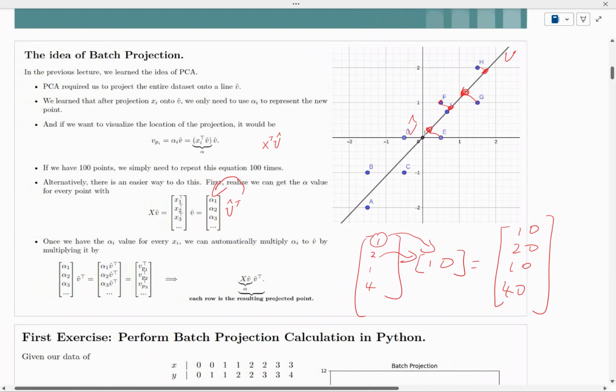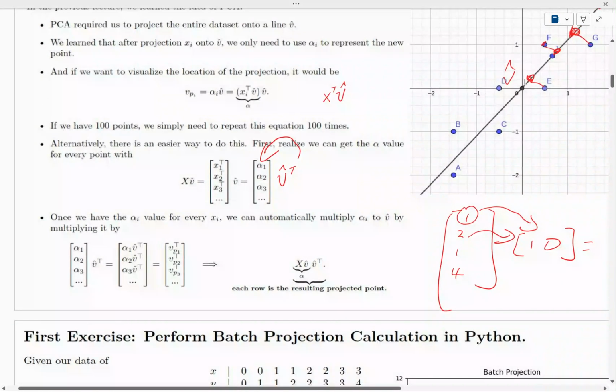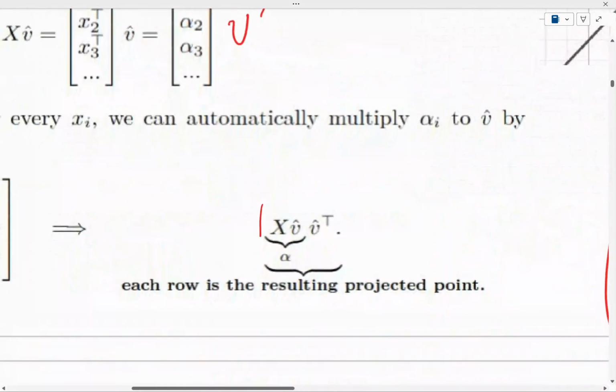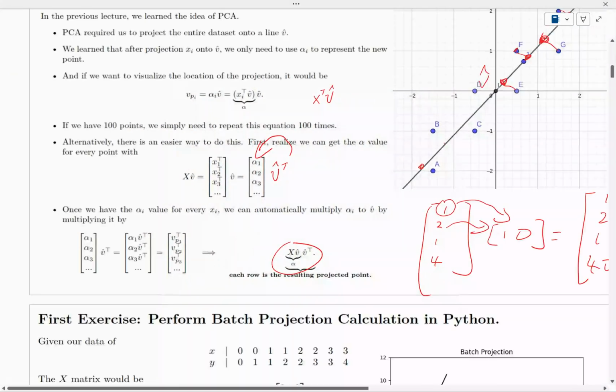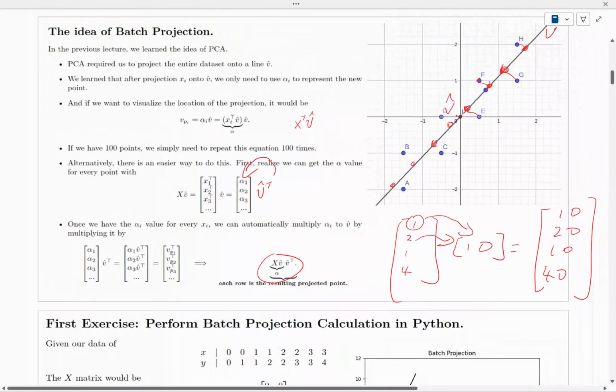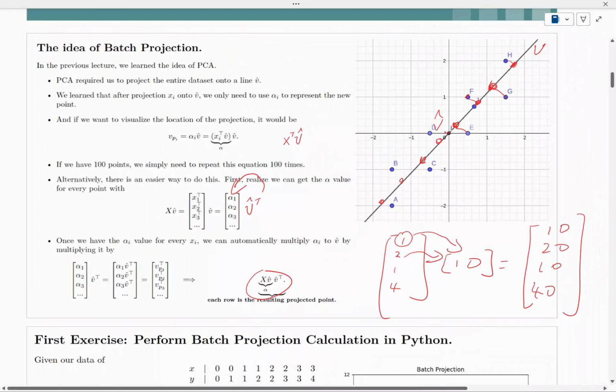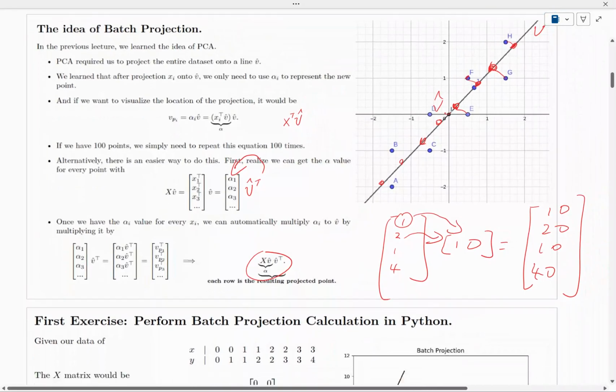We know how to get alpha, so the equation is alpha multiplied by v hat transpose. This allows us to get all the actual points along the projection. So this is essentially how you can do batch projection and get all the points.